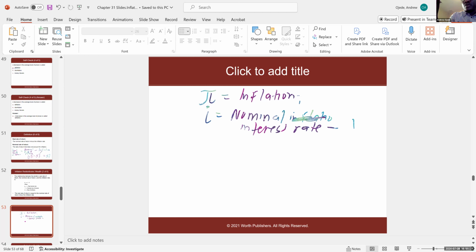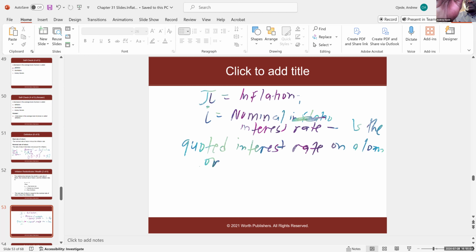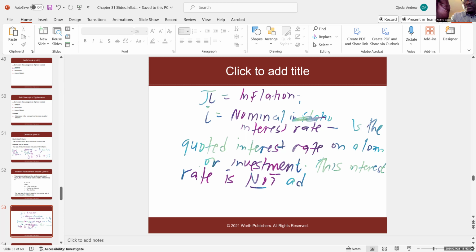Nominal interest rate is defined as the quoted interest rate on a loan or investment. This interest rate, which is a nominal interest rate, is not adjusted for inflation.